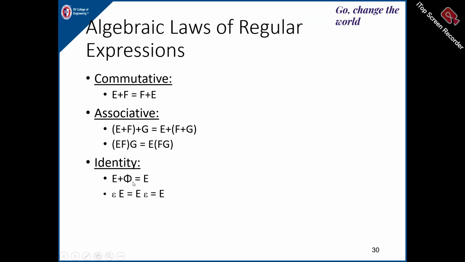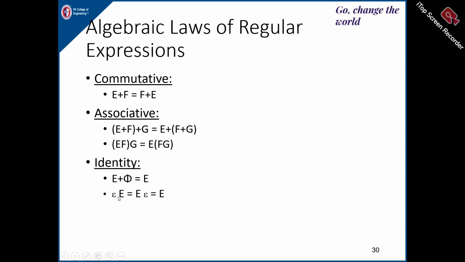That is, phi is the identity for union and epsilon is the identity for concatenation, because if I perform the union of phi with E, I get E itself, and if I perform the concatenation of epsilon with E, I get E itself.